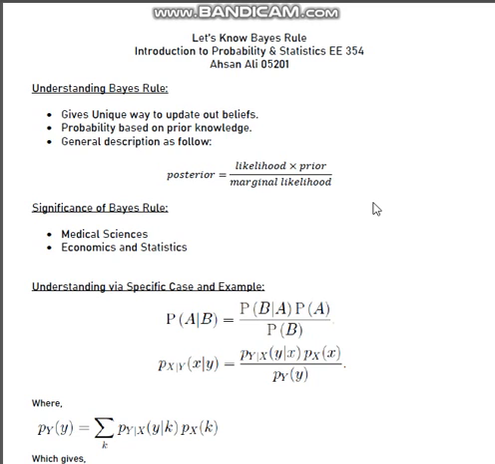Now we will talk about the significance of Bayes rule. So it is widely used in medical sciences to treat and predict various diseases based on large data from previous patients' records, and can also be effectively used to conclude a specific disease in any patient.